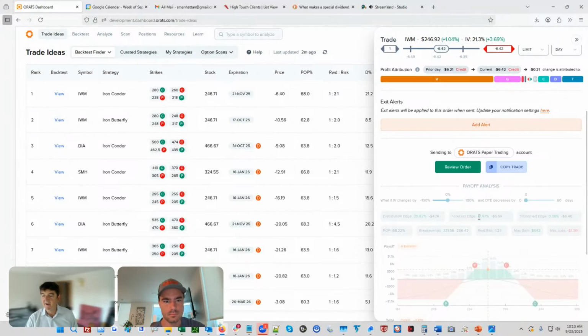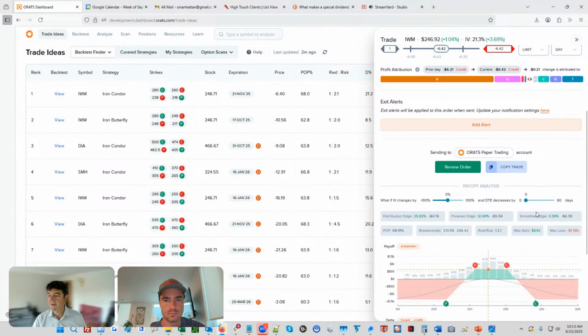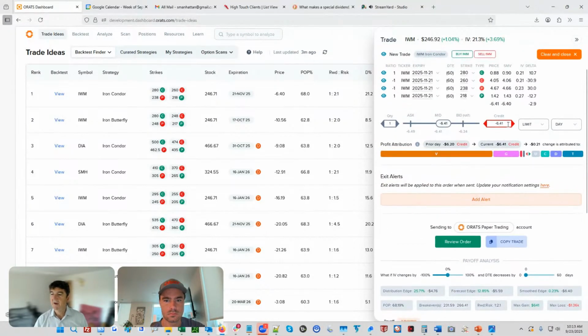We calculate a forecast edge, but the smooth edge is usually right near the market. The smooth market is right near the price of the mid market, because we draw a smooth line through all the strikes, so that's usually going to be close.